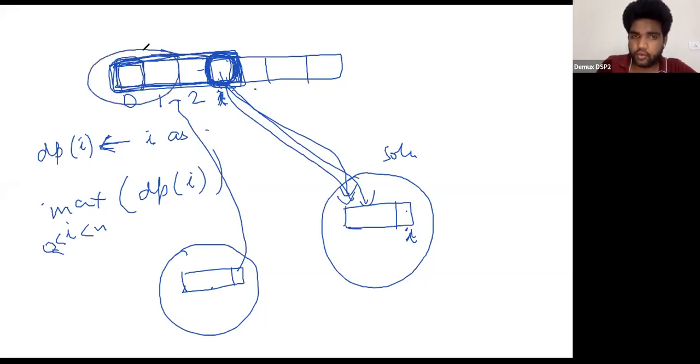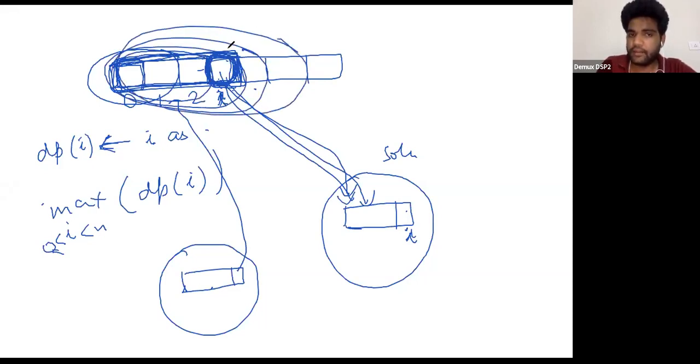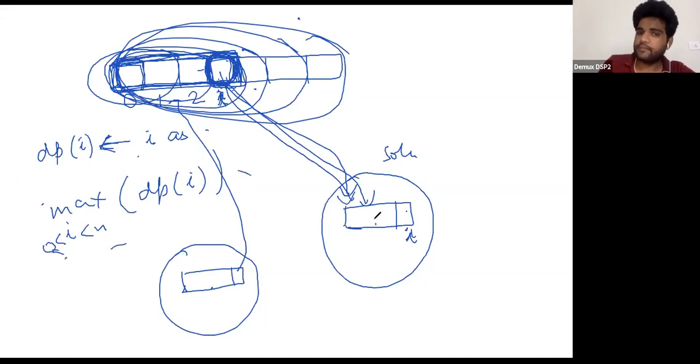For 2, I will compute the same ending at 2, and so on for 3, 4, 5, 6. Whatever results I get, I will take the maximum out of all of them, and that will be my answer. Right? So this is the first line of thinking that I did.